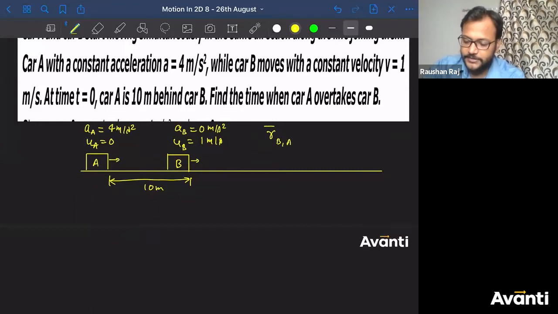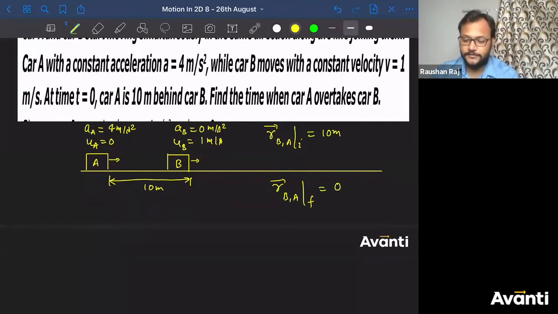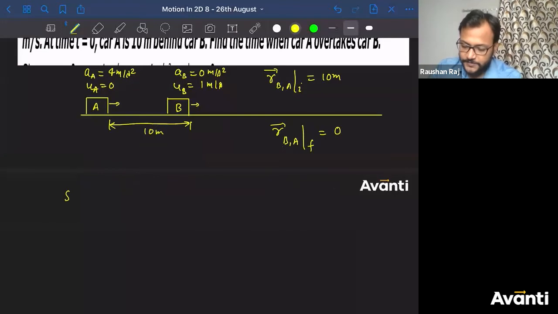It is 10 meter, right? What will be the final position of B with respect to A? It will be 0. Got it? So what will be the displacement of B with respect to A? It will be minus 10 meter, if I am considering this as the positive direction.